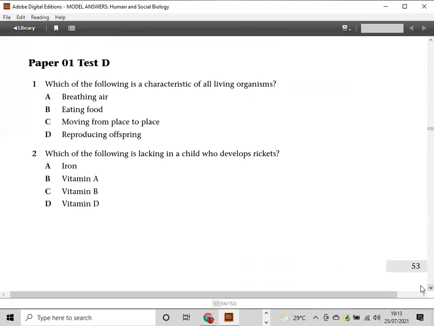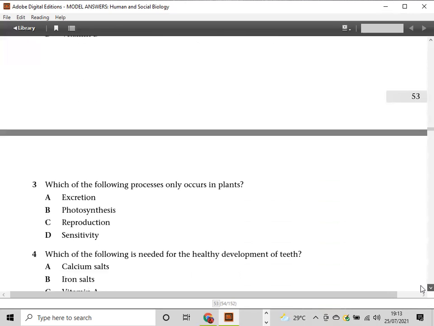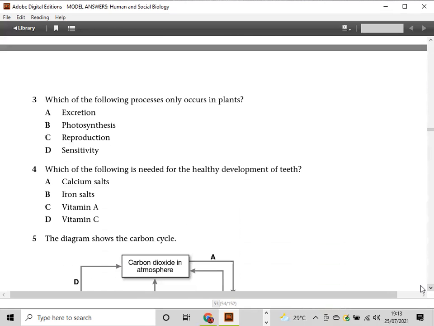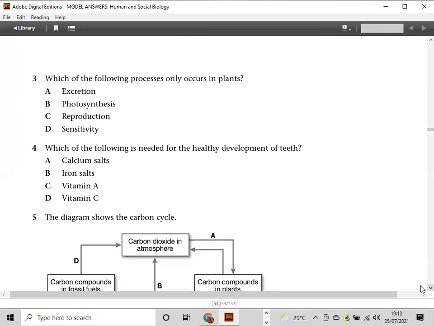Alright. So answer it in the comment section. Just put 3A or whatever. And then we're going to look at the end how many you got out of 120. Alright guys, let's go. Type in your answer.